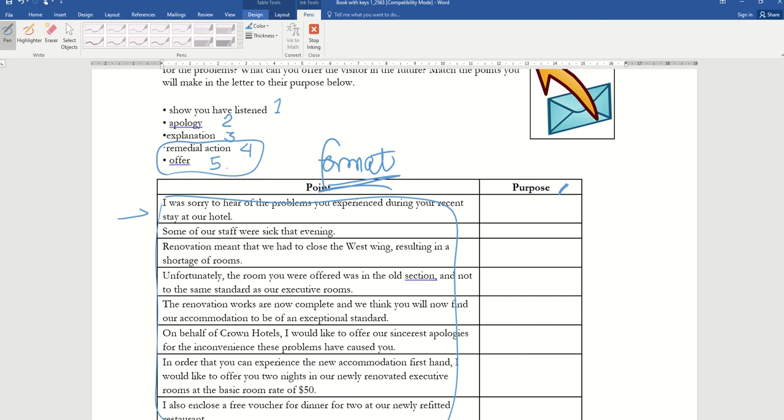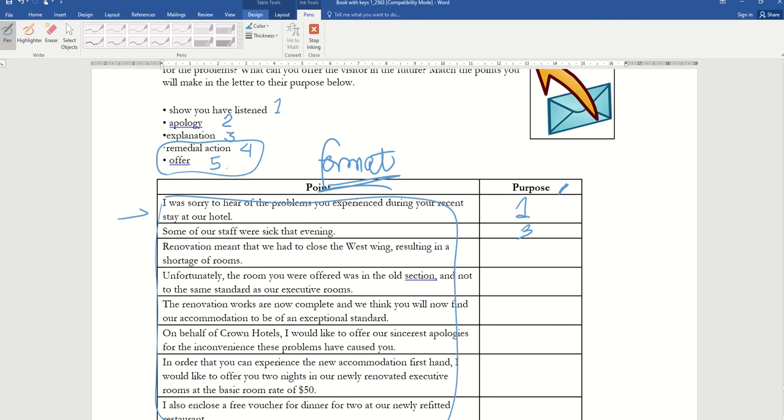Number 1, I was sorry to hear the problem and experience during your recent stay at the hotel. It is not to apologize, but it shows that you have listened. I was sorry to hear that. Then, some of our staff were sick. That is explanation.